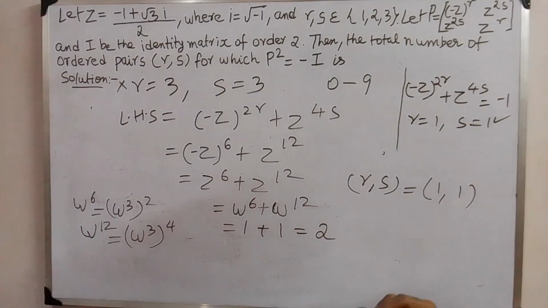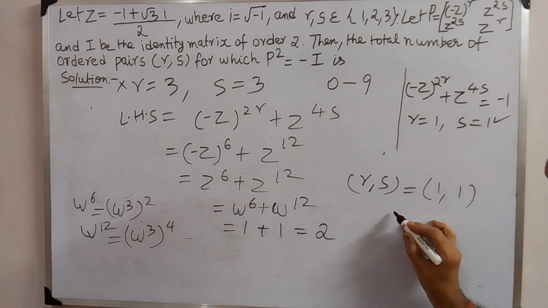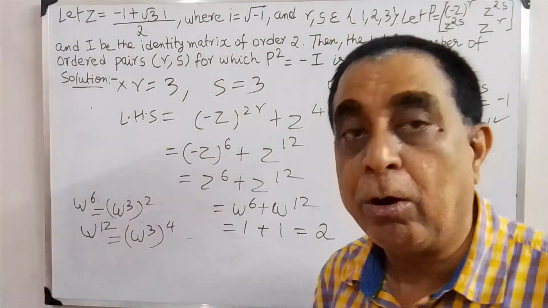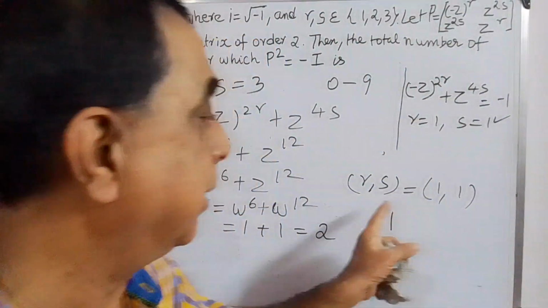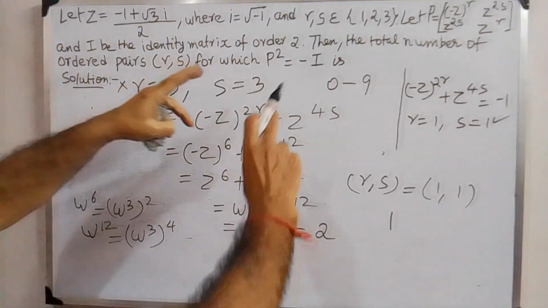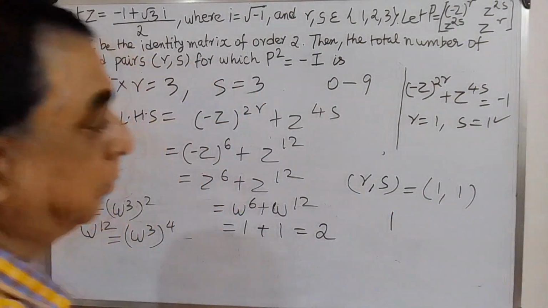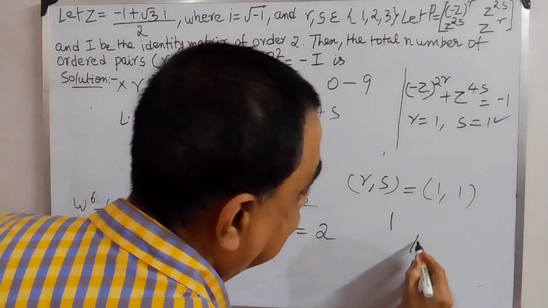So how many ordered pairs have we got? We have got only a single ordered pair, that is 1 and 1. Only when r is 1 and s is 1 is this equation satisfied. So there is only a single ordered pair. So that is the answer.